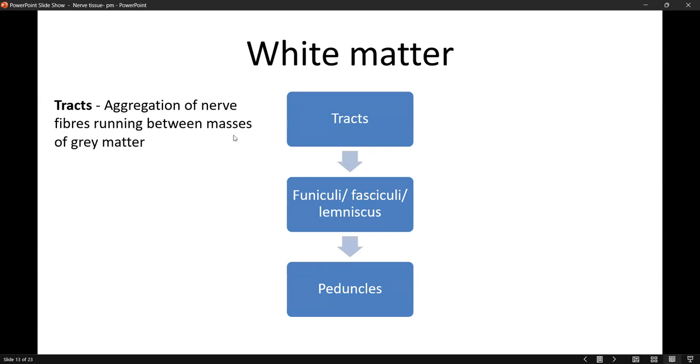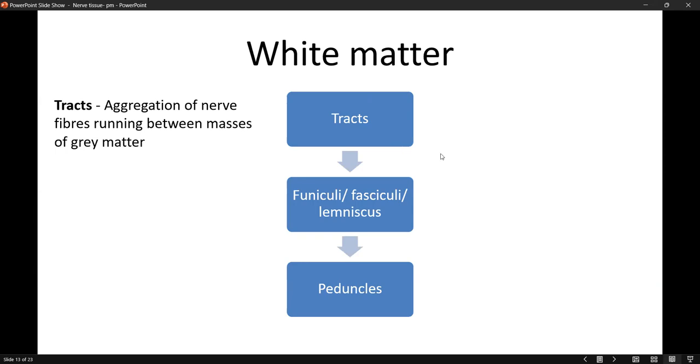So when such nerve fibers are aggregated, you call it a tract. And these are seen basically in the spinal cord, either traveling up or traveling down. So we call them ascending or descending tracts.